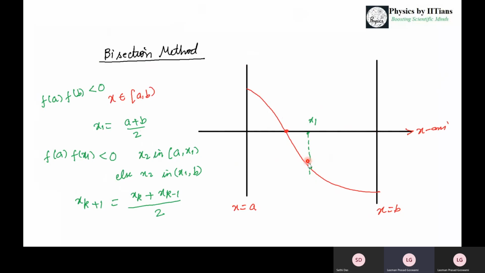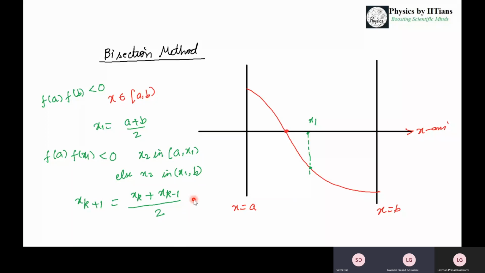But if this sign is positive here, and x equal to b is negative, the point will lie between x1 and b. In this way, we will continuously iterate our solution, verifying whether the function is negative or positive, and proceed accordingly. So our generalized equation is x(k+1) equals (xk plus x(k-1)) by 2. This is the generalized equation that we will use.